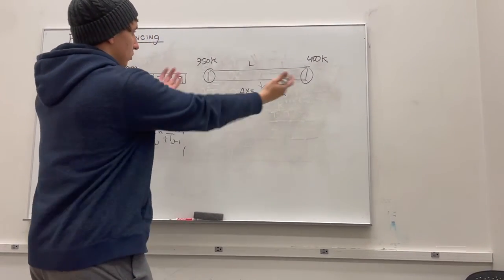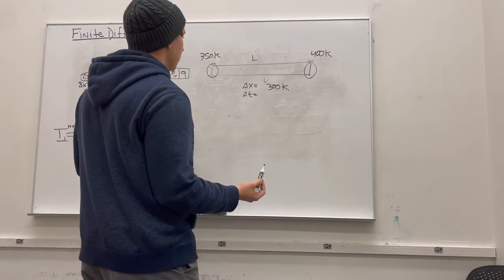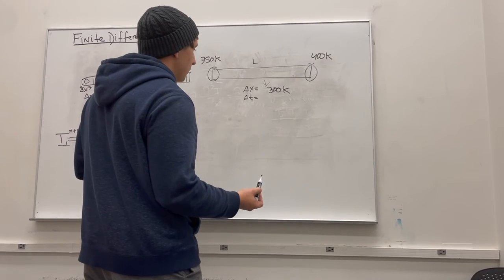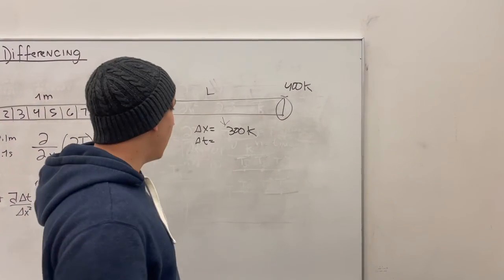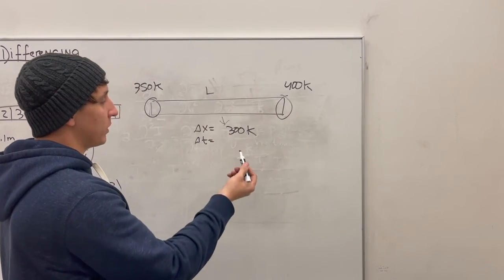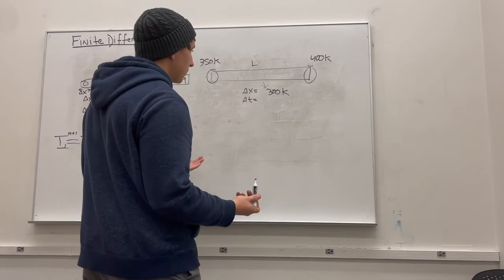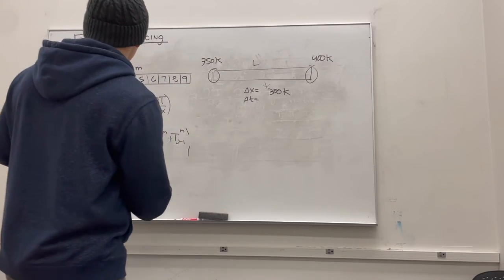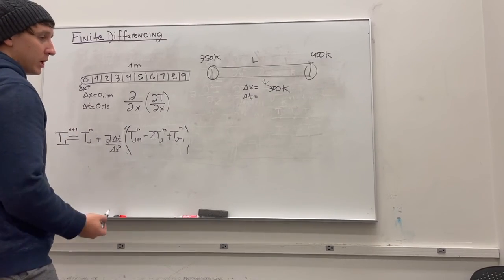And so, cool. Now we can see how heat is being evolved as a function of position, incremental position, and incremental time, through this finite differencing equation using computational methods.